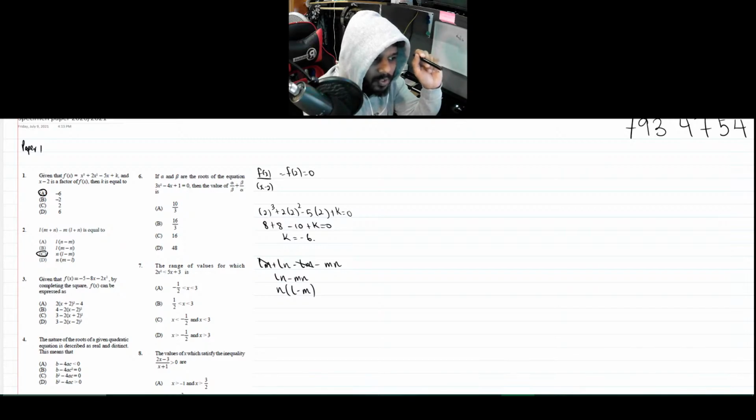I want to know which one will give me minus 2x squared. Either one of B, C, or D could. Which one could give me minus 5 as my number? Minus 5 will come from what?